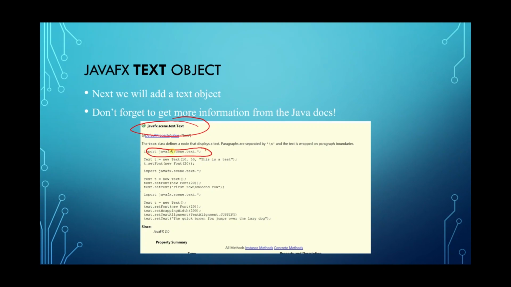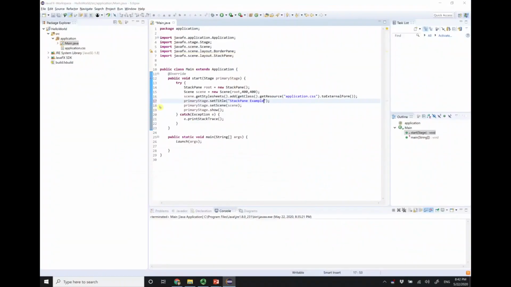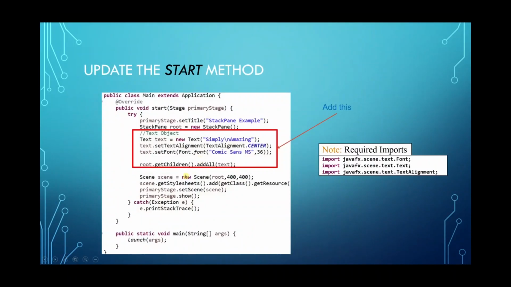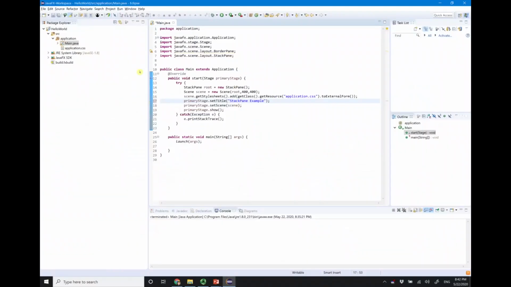You need to import javafx.scene.text, and you can use Text and all these things. You can learn a lot from Java docs. Okay, so the next step is we are adding a text object. So let's add a text object.